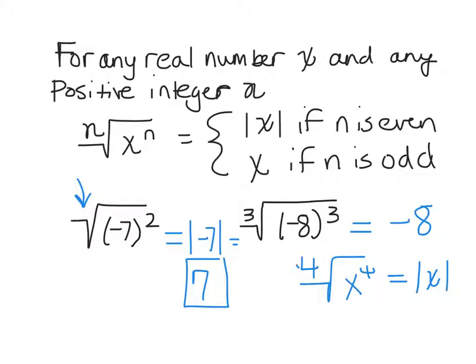But let's say I had the fifth root of x to the fifth. Well, in that case, I can just write x, because that's an odd index and exponent, so I don't have to worry about taking the absolute value. Okay?